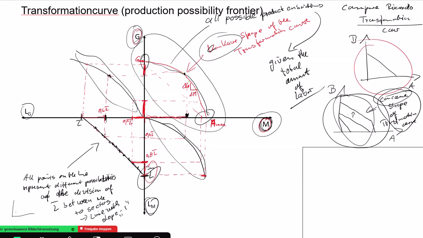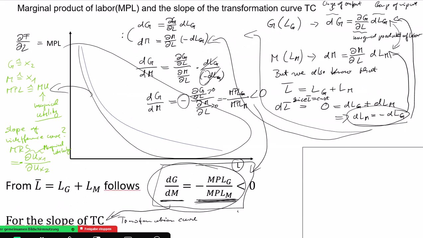Okay, then we switched to the labor market, to labor demand, and there, from our change of the labor amount in production, due to positive but decreasing marginal products, we obtain a decreasing function in L of the marginal product of labor.